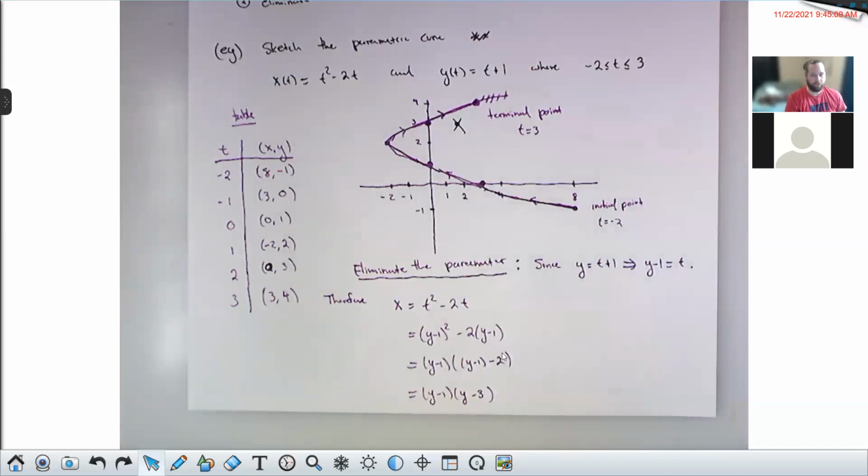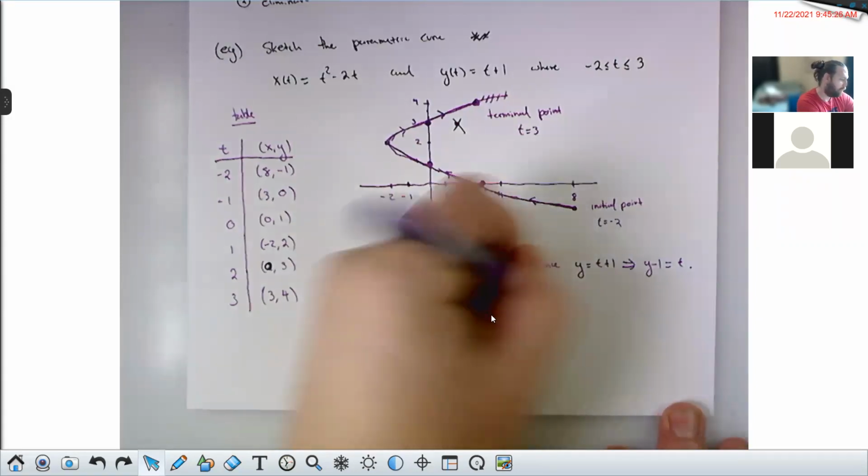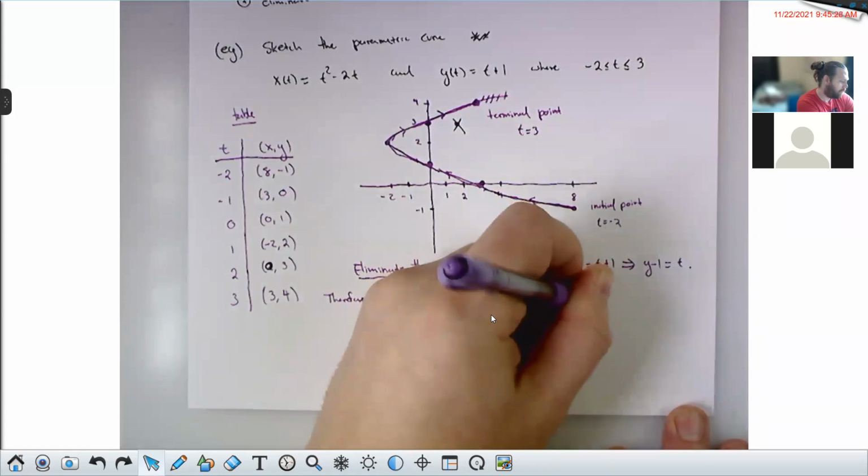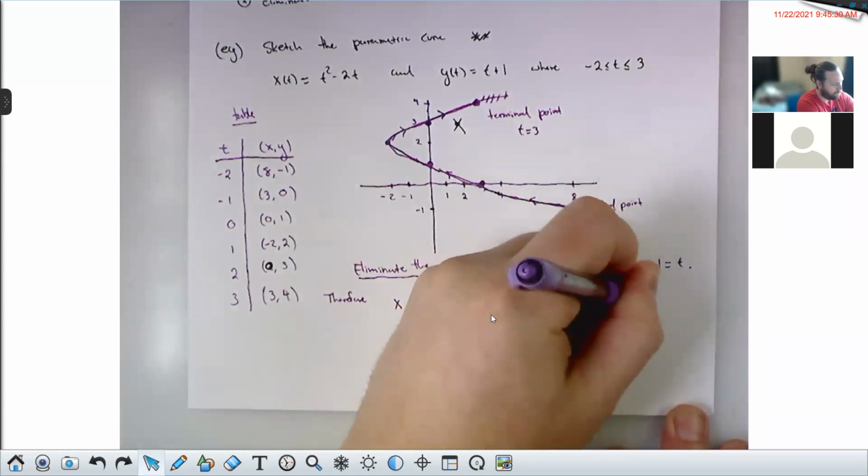And that makes sense, right? This is a parabola opening sideways whose roots are at 3 and 1, which is what we have. So this would be the regular xy equation.